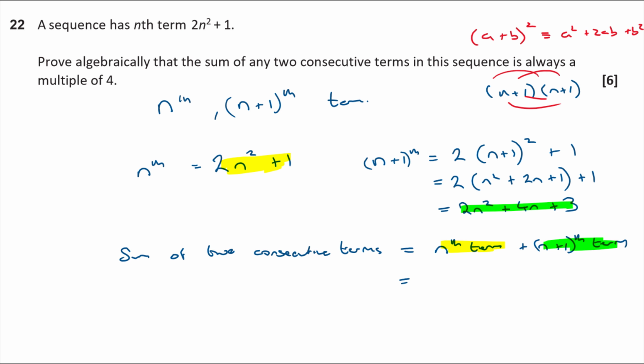So I'm going to get 2n squared plus 1 plus 2n squared plus 4n plus 3.